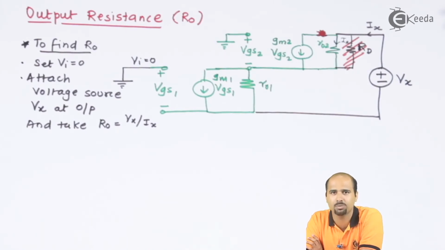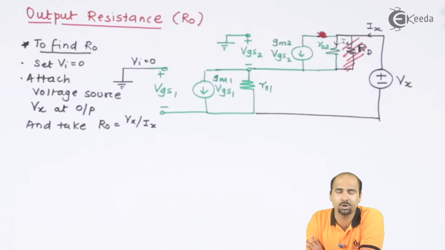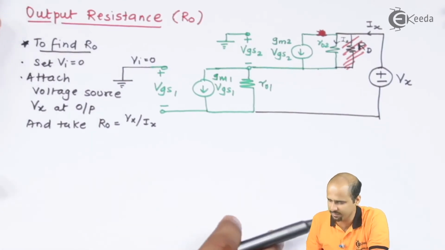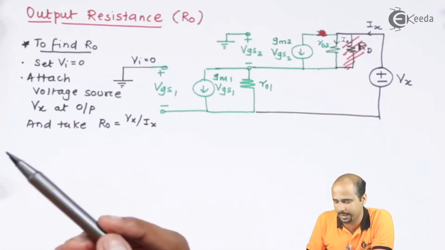That means I'm just looking from the output side, considering the fact that at output terminal there is a voltage called as Vx and there is a current called as Ix. So if I get the value of Vx divided by Ix, that is done. So that is nothing but your output resistance. So that's the method with the finding of the output resistance. So let's play with this particular 5 fingers, and then we'll get to know that how we will be getting the output resistance.